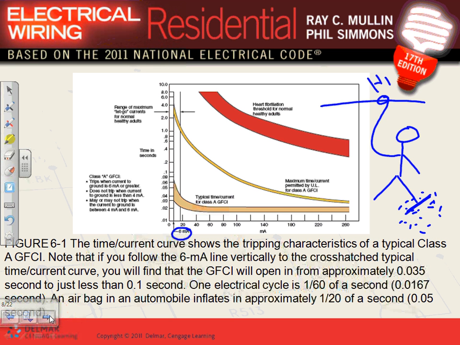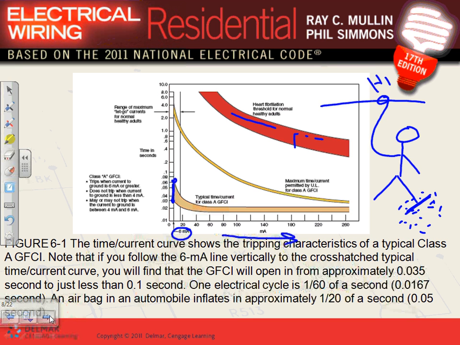I'll show you another system. But this is basically where the lethal zone is. The last thing you want to do is allow 24 milliamps to go through your system and get into this red area. This is the amps. The higher the amp, the more dangerous. The faster you trip, we trip from here to here. Look how fast they trip. Very fast.